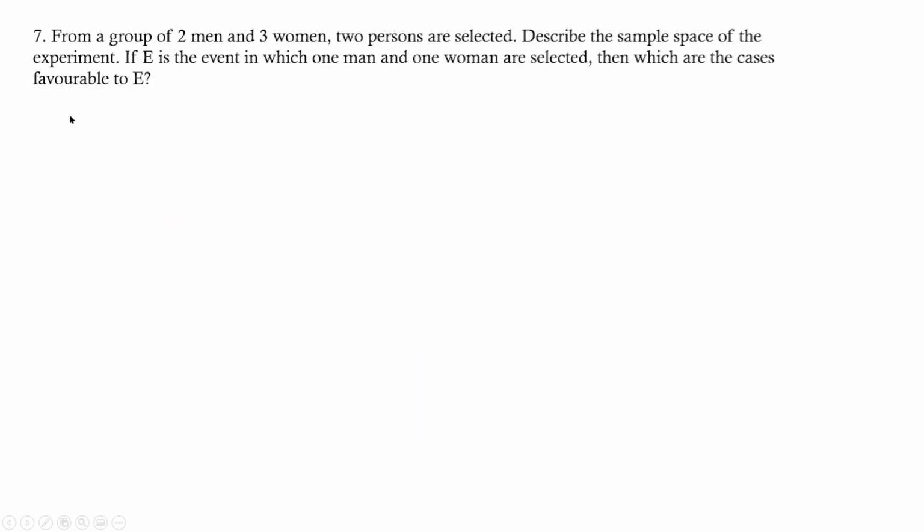The next question, from a group of 2 men and 3 women, 2 persons are selected. Describe the sample space of the experiment. If E is the event in which 1 man and 1 woman are selected, then which are the cases favorable to E?